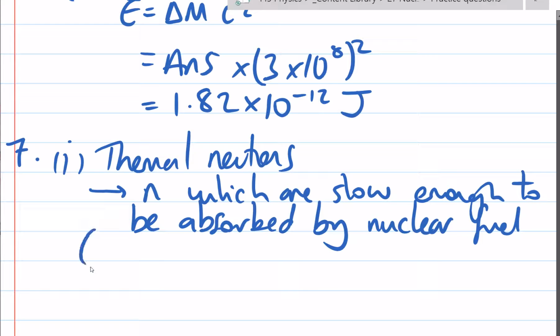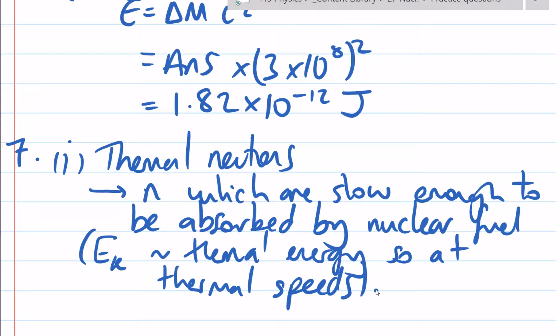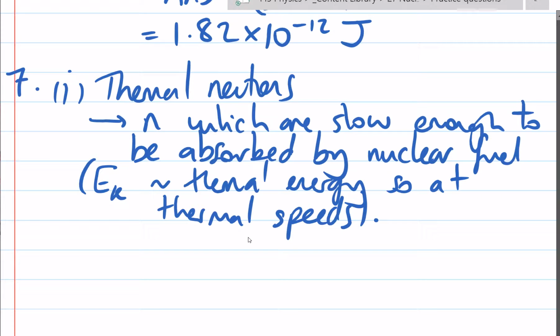The reason they're called thermal is because EK is roughly thermal energy, so at what we call thermal speeds. So the kinetic energy of those neutrons is about equivalent to the average energy of the nuclear fuel at that temperature. So they're approximately similar energies. It's not like they've got masses of kinetic energy at that point.